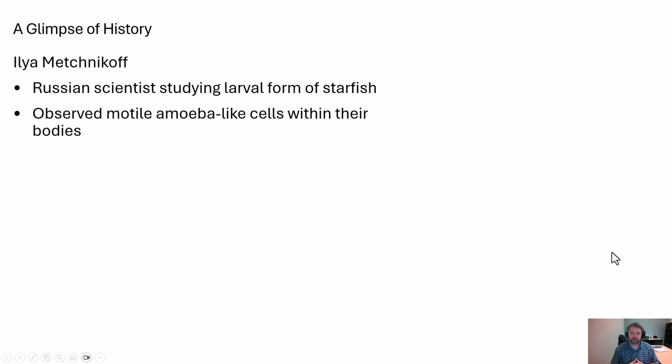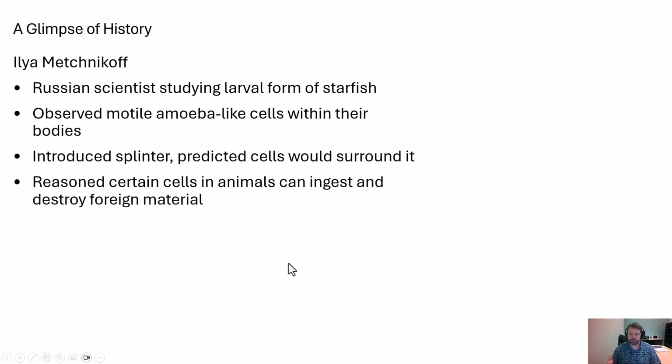Microbiology's work was done on larval starfish at first, and because larval starfish are semi-transparent, you can see blood pulsating or moving through the organism, and Microbiology saw amoeba-like cells that were motile, so they could move, extend like a pseudopod, extend an arm out and kind of stretch and move along as they progress through the body or through the veins, through the system.